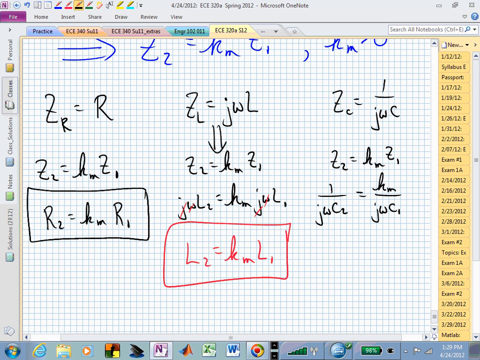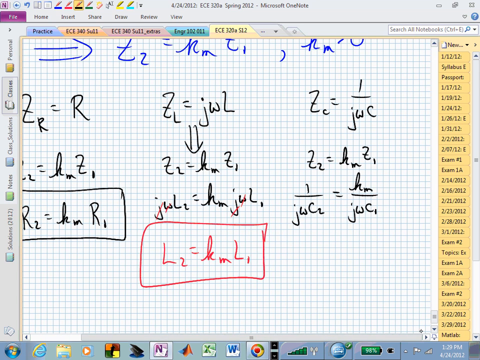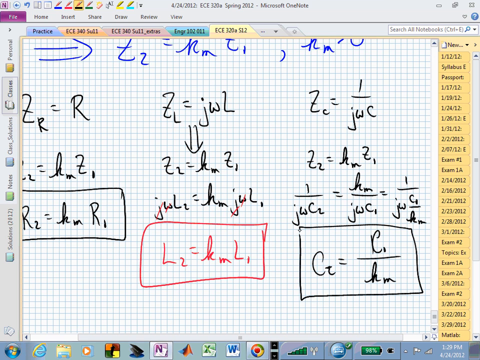And we could rewrite that if we wanted to as 1 over J omega C1 over K sub M, so that now we can immediately compare the C2 location in both, and we now see that if we want to scale the capacitor by the same magnitude, K sub M, we now take C1 and scale it by K sub M in the denominator.